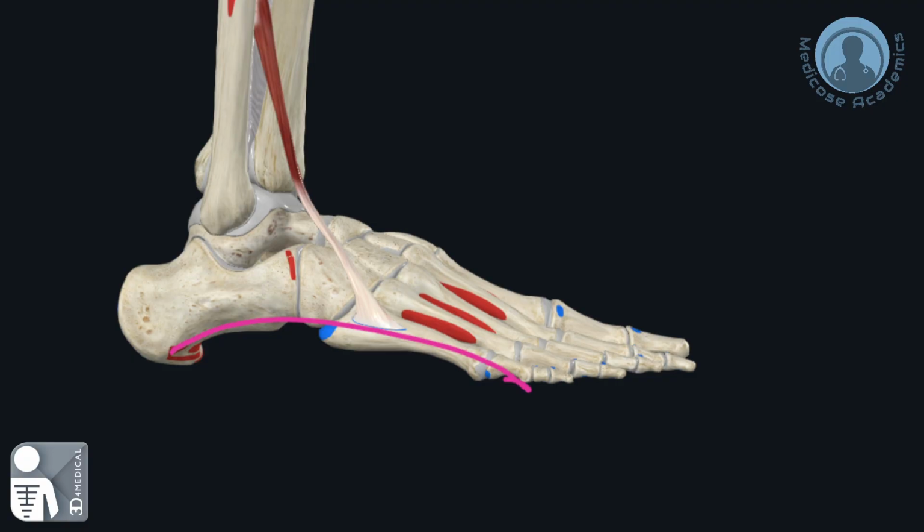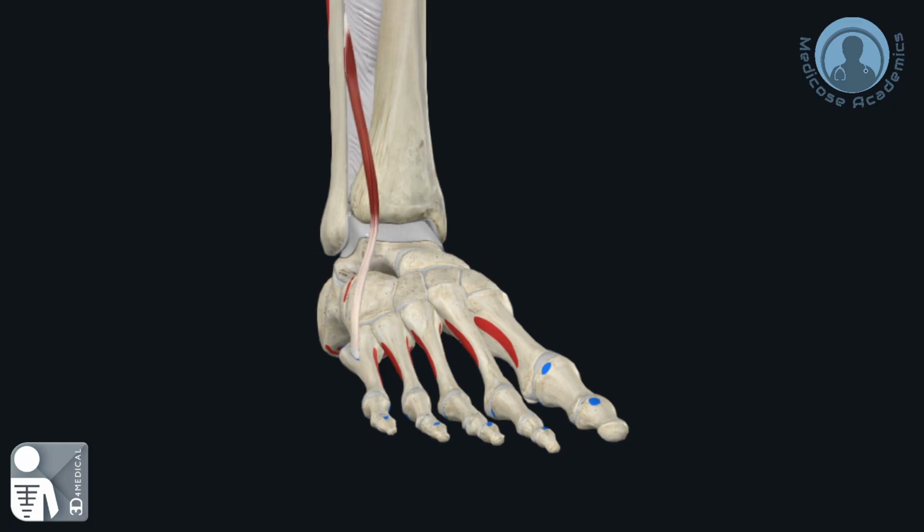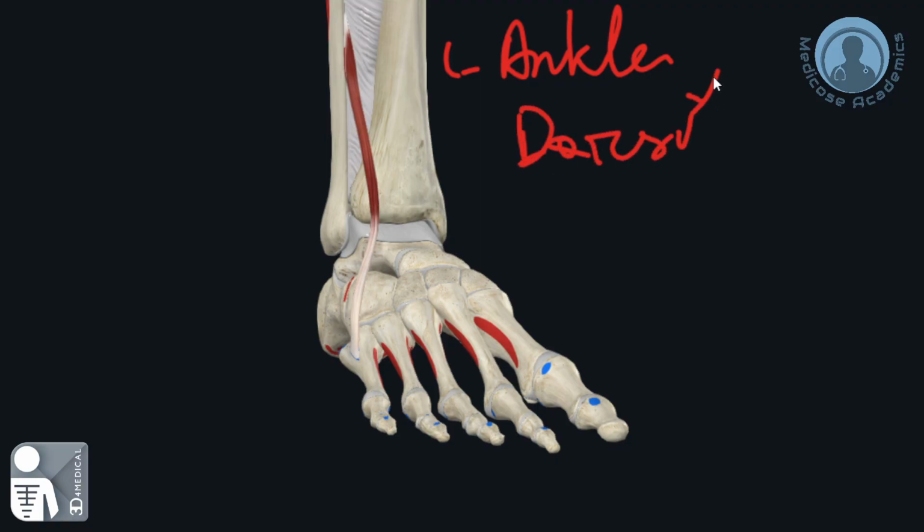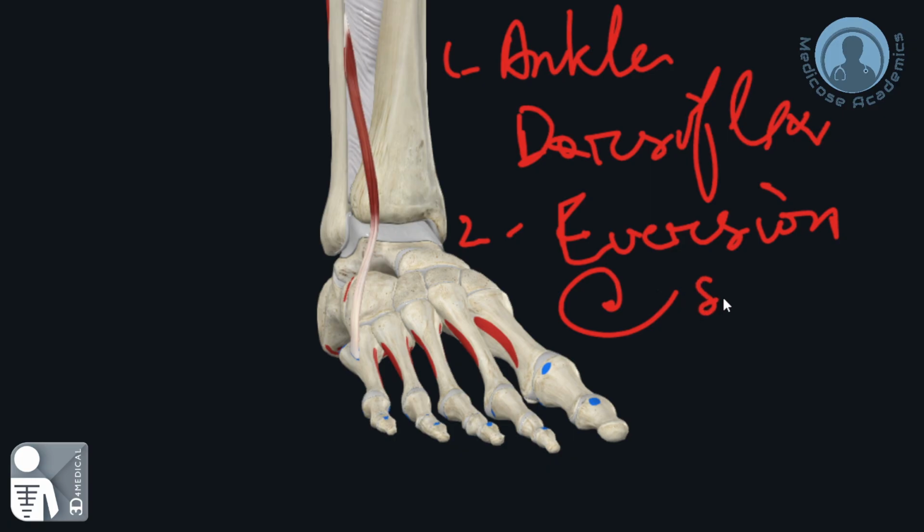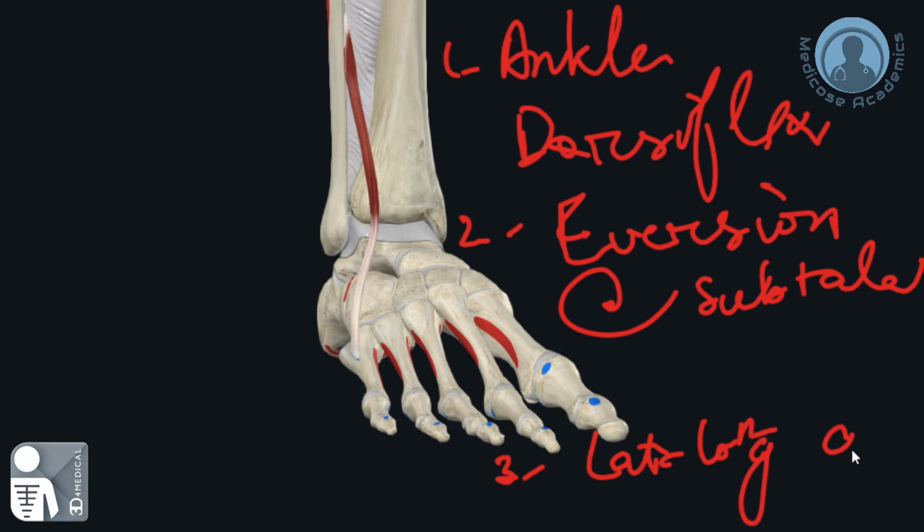So it will have three functions, including the maintenance of the lateral longitudinal arch.